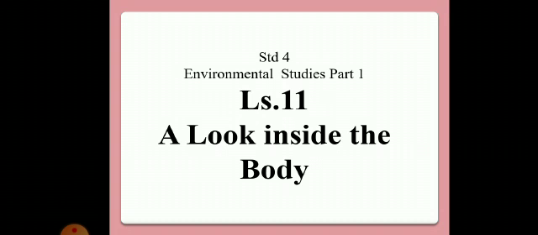We also discussed sensory organs. Organs which make us aware about the situation around us are known as sensory organs. For example, eyes, ears, nose, tongue and skin are five sensory organs.